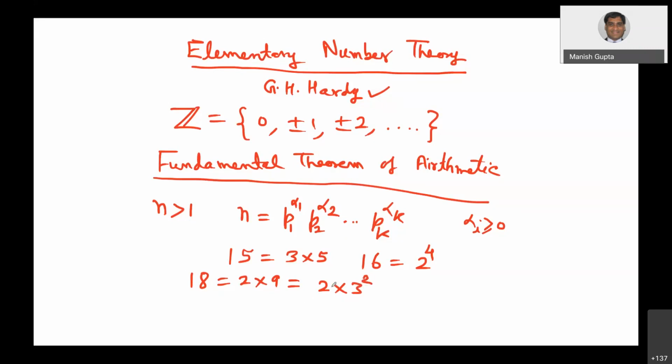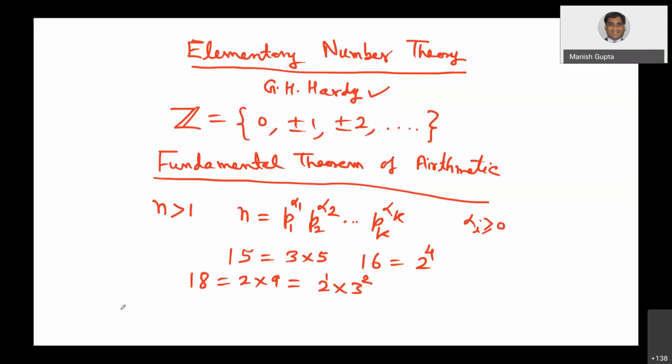So the powers alpha are 1 and 2 here. Any integer n greater than 1 can be written as a product of prime factors. Of course, given n, finding these pi is a very difficult problem. I will explain in a minute why this is a very difficult problem.